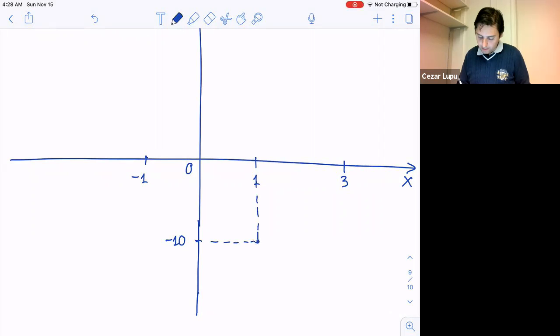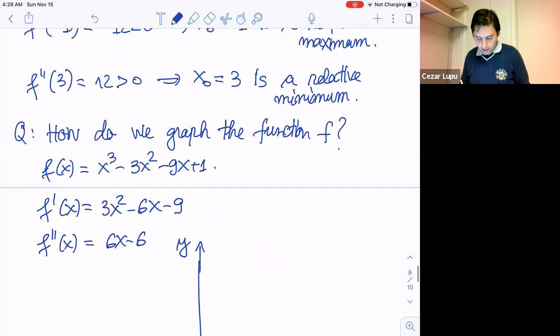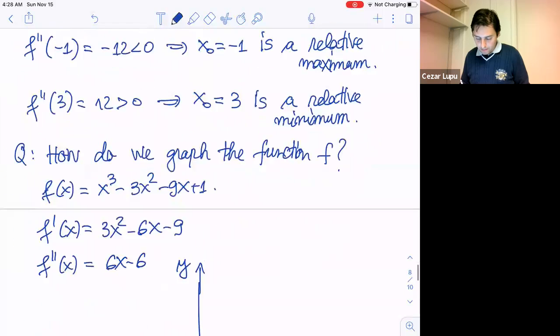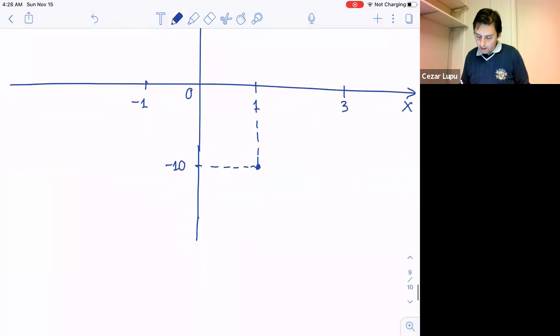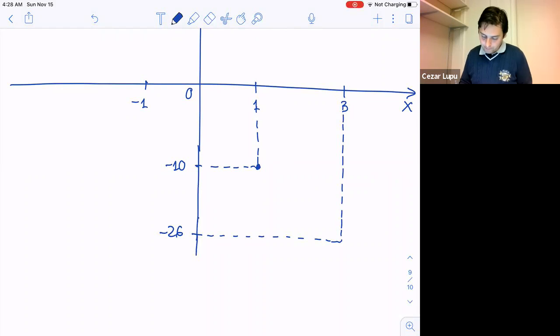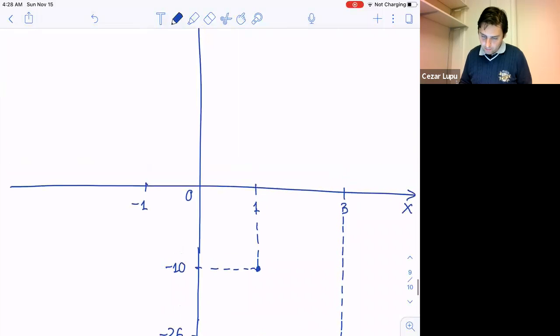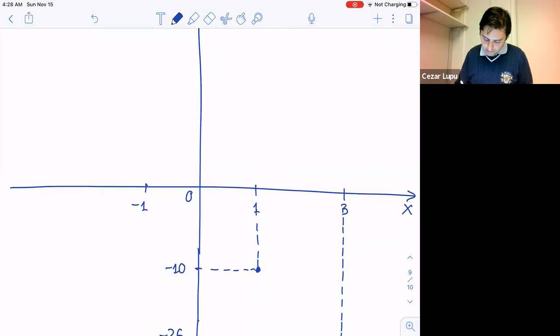So this was an inflection point. And then let's see, what else did I have? 3 and negative 26. Here I have negative 1, which was 6.